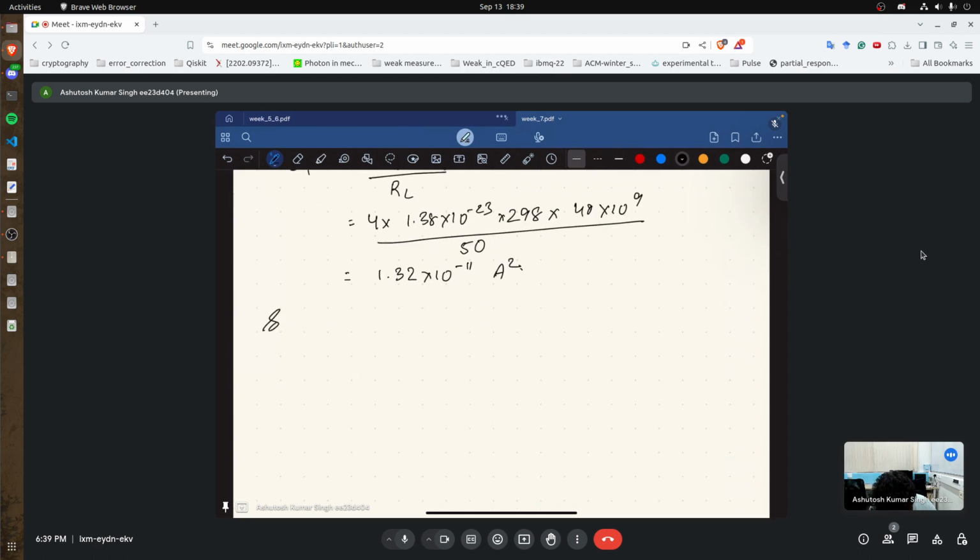Now let's calculate the shot noise for direct detection.